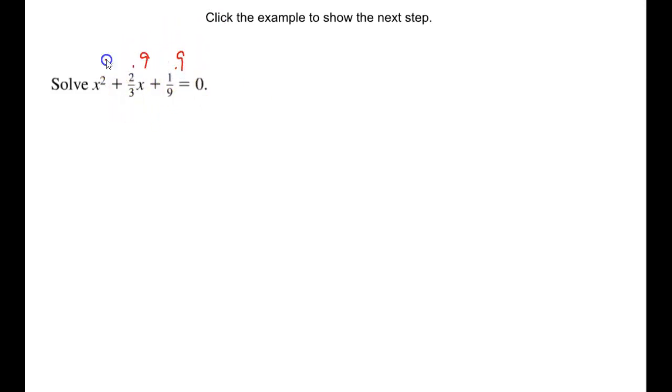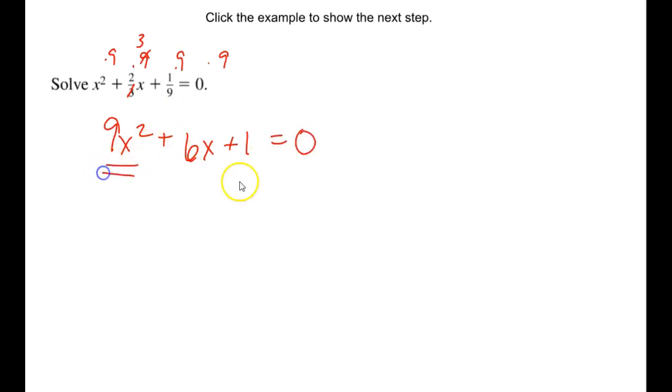So if I multiply everything by 9 on every side, I end up with 9x squared plus, and these kind of cancel out, 6x plus 1 equals 0. Again, I know the square root of my first term and I know the square root of my last term, so let's go ahead and write it out. This is a plus, so it's going to be a plus in here. I'm going to end up with 3x plus 1 squared.